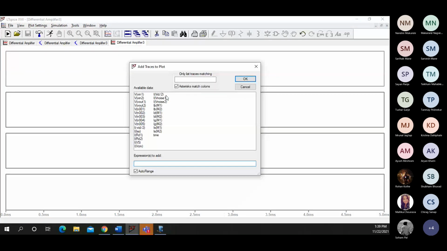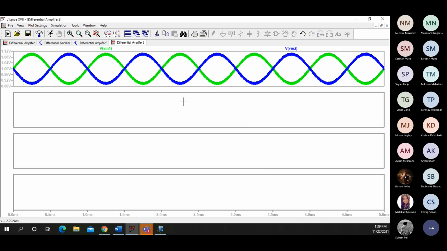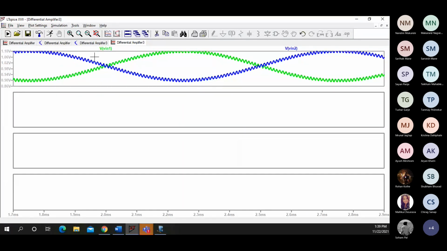So here I'll add the traces V in 1 and V in 2. Now you can see there is a lot of noise in this signal. And if you zoom this, you can see how the noise actually looks.